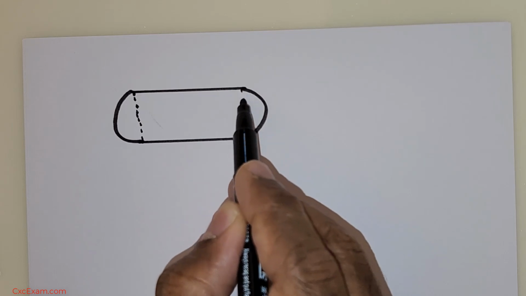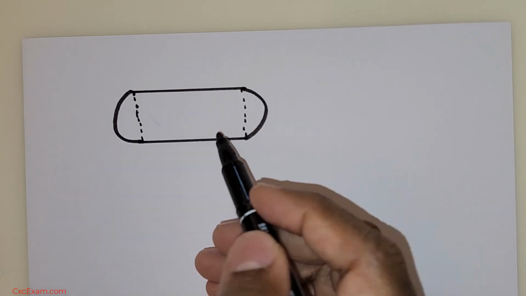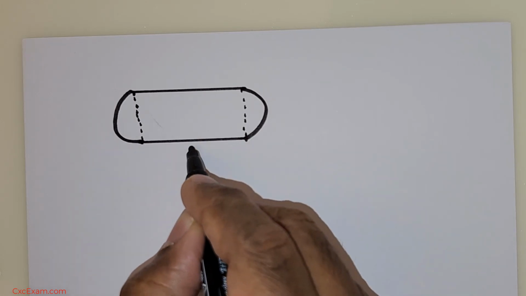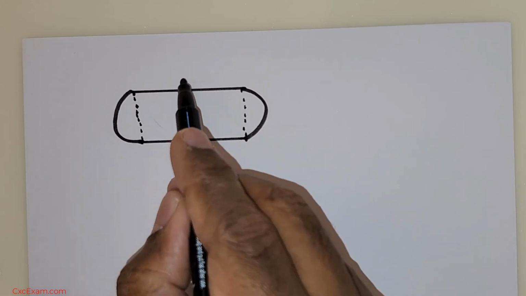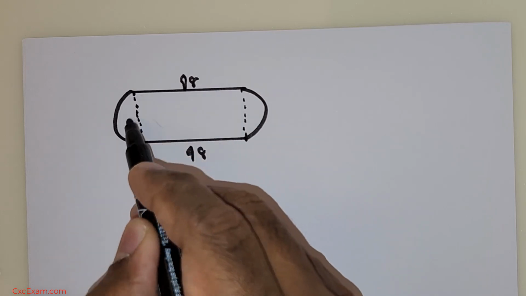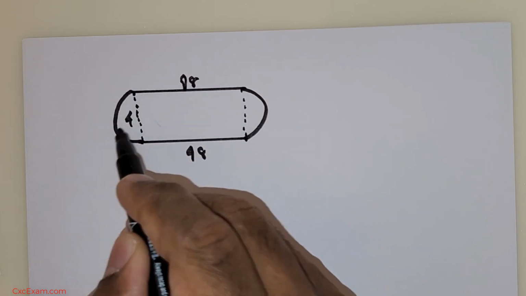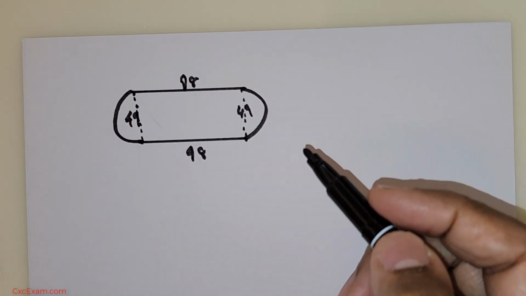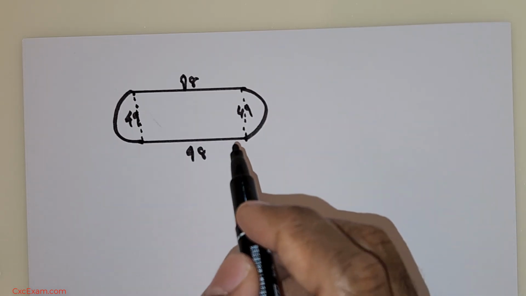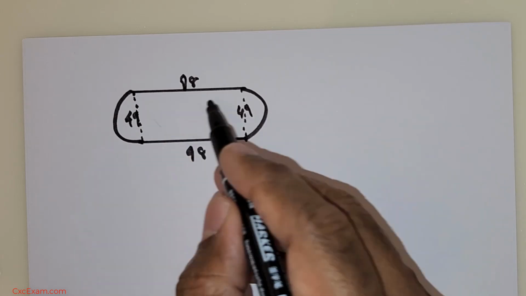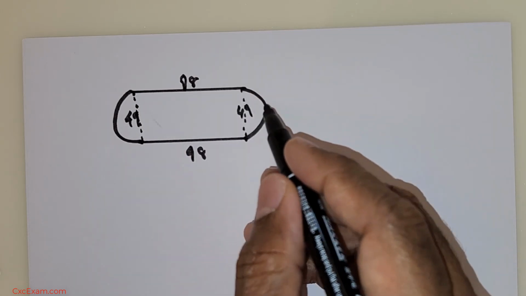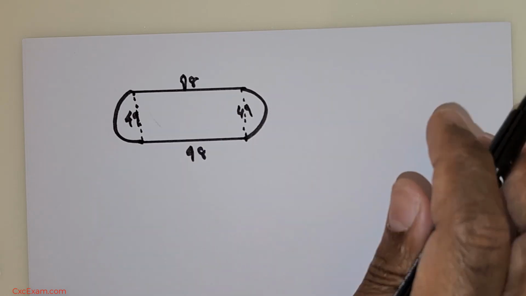Now this is clearly a rectangle, but from this rectangle we need only the length. The length is given as 98 on both the ends. Now the diameter of the two semicircles is 49. We have to be a little bit careful. We should not be tempted to use the perimeter of the rectangle, add it up with the circumference of the circle. So we shouldn't do that.